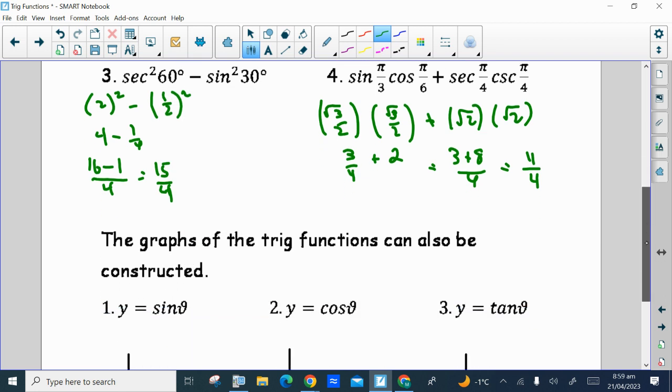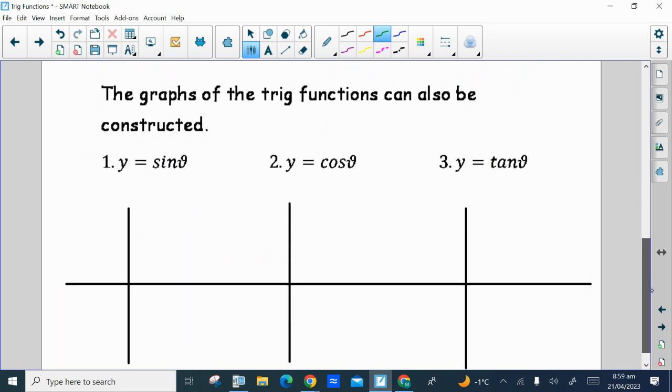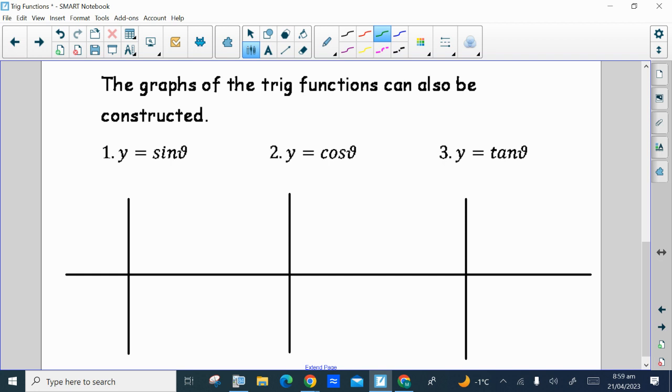We also spent a bit of time looking at the graphs of trig functions and transformations of them. Remember that for sine and cos, we had critical points at every pi on 2. So 1 pi on 2, 2 pi on 2 is pi, 3 pi on 2, 4 pi on 2 is 2 pi.